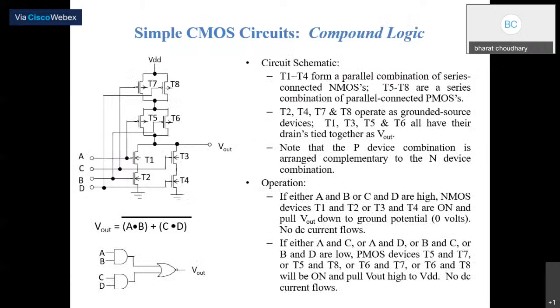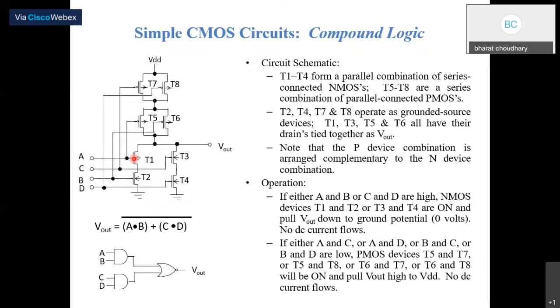Now compound logic is a combination of logic where sometimes it may be multiplication and sometimes summation of the variables. Here the series combination in the pull down network means an AND operation, and the parallel combination means an OR operation.